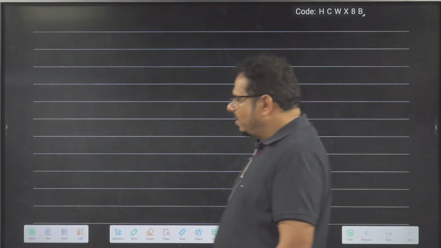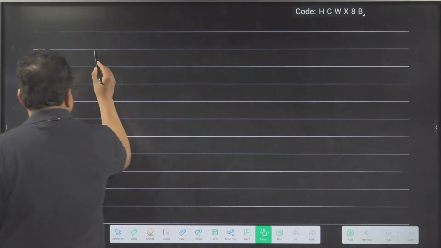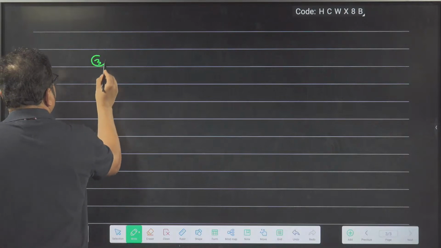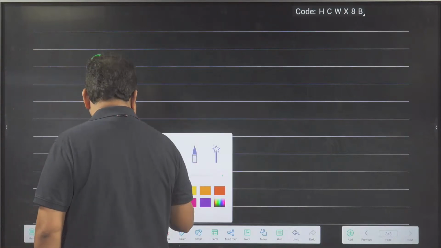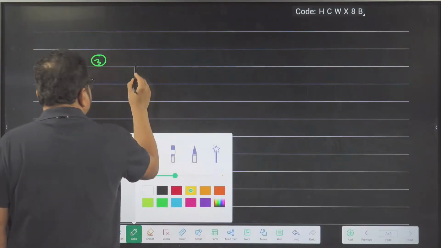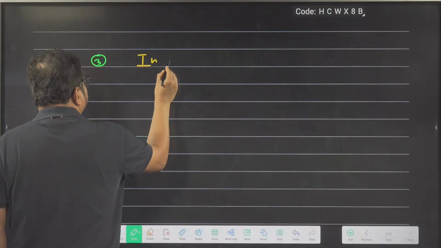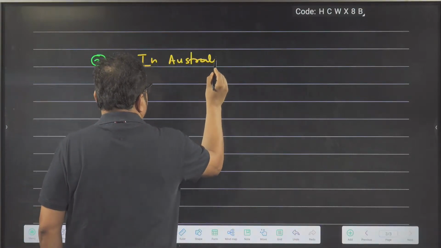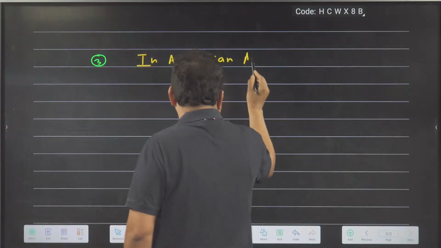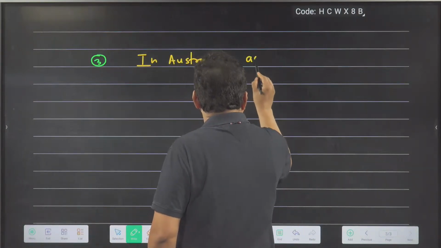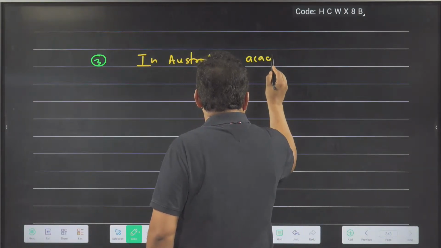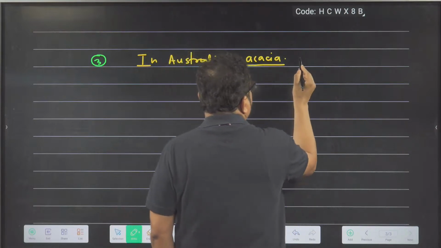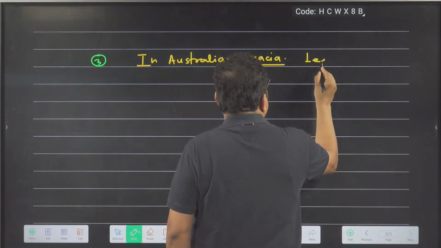Now we are going to talk about the third type of leaf modification. In Australian acacia, what happens? Leaves are short-lived.